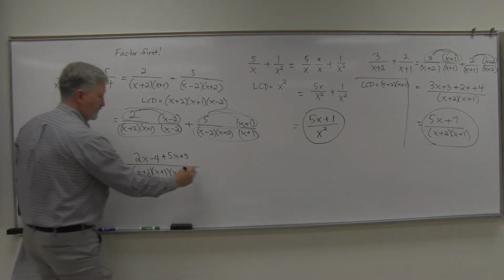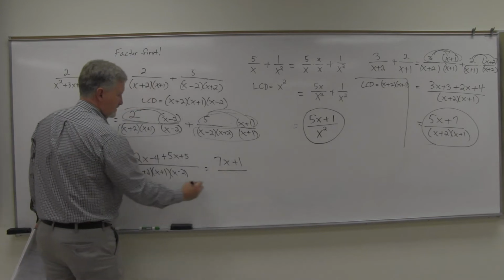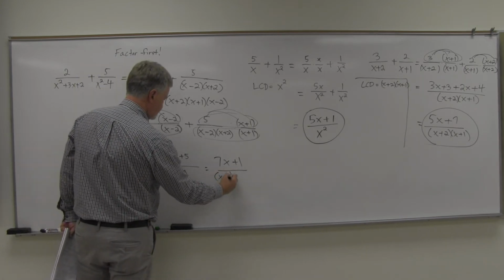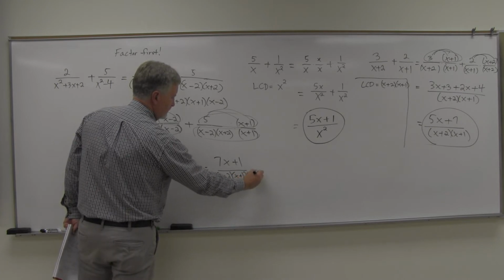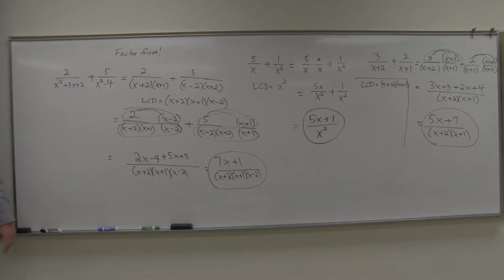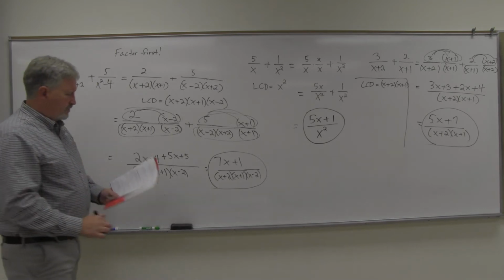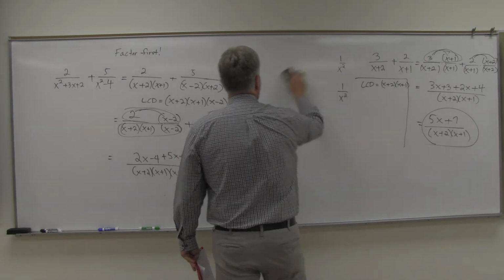And so all told, what do we have? 7x plus 1, and then x plus 2 times x plus 1 times x minus 2. So it's kind of long, but same idea. All right, let me do one with subtraction. And then I'll have one more after that.